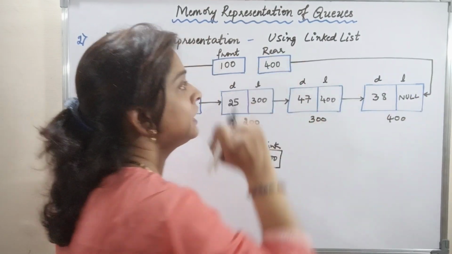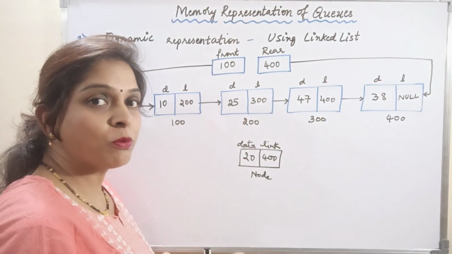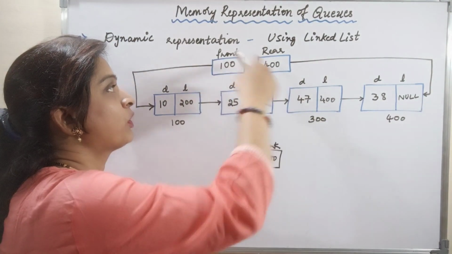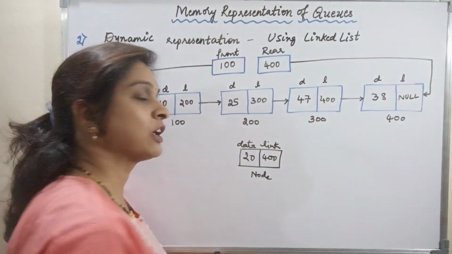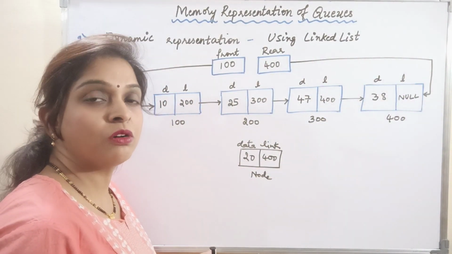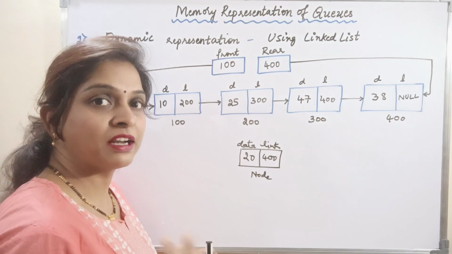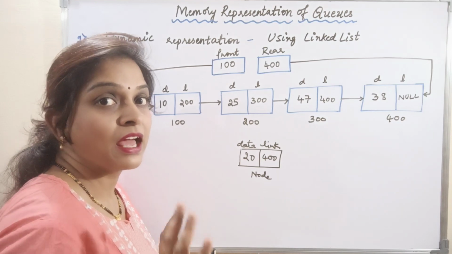The address of this last node will be held in the rear pointer. So we have two pointers, one is the front pointer and the other is the rear pointer. The front pointer takes care of the first node and the rear pointer takes care of the last node.